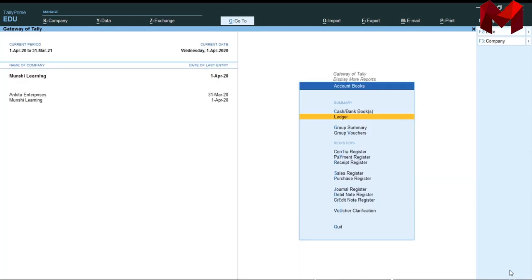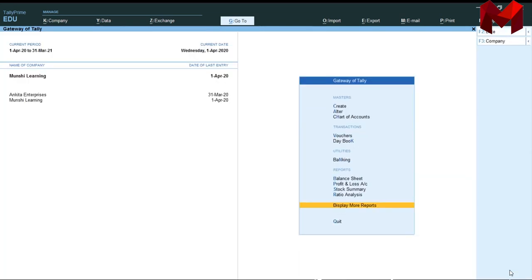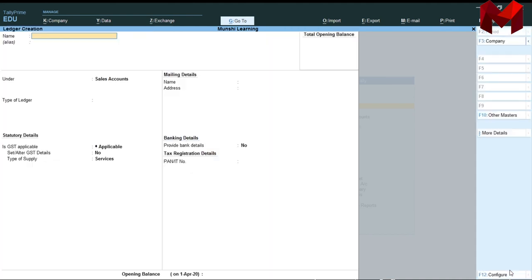Let us just have a proper entry of purchase first, then we will be entering the debit note against that purchase. Now let's create some masters for that. Mr. Varun and Company.